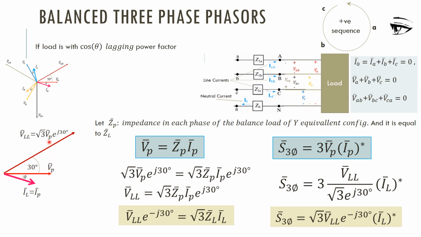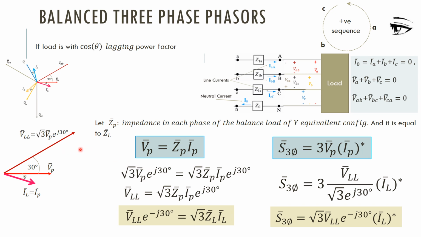That means each phase voltage, and with the load power factor, the load current forms. Then this is the load current, right? You know that, let's say ZP is the impedance in each phase of the balanced load of Y equivalent configuration, and it is equal to ZL.